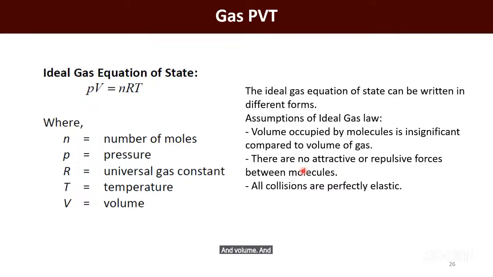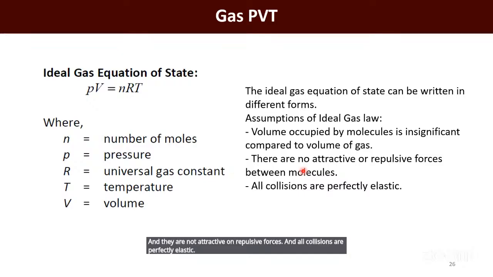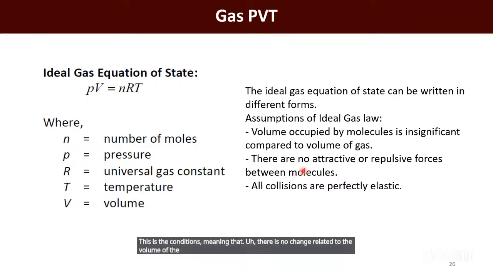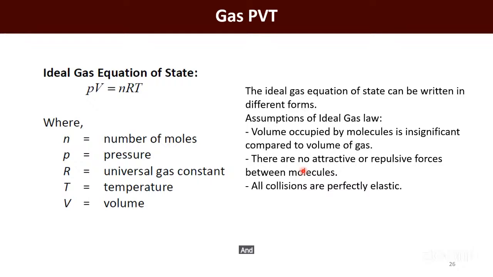The ideal gas equation has some assumptions: that the volume occupied by the molecules is not large compared to the volume of the gas, there are no attractive or repulsive forces, and all collisions are perfectly elastic. Meaning there is no change related to the volume of the molecules itself, and no attractive or repulsive forces between the molecules.